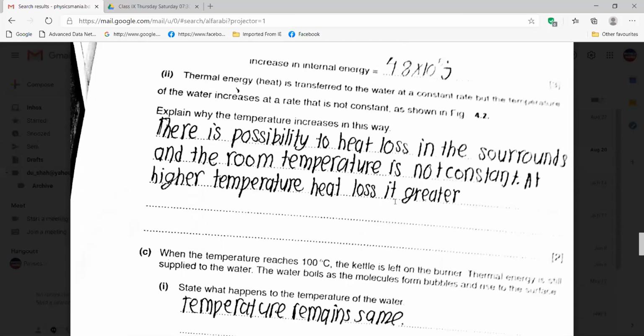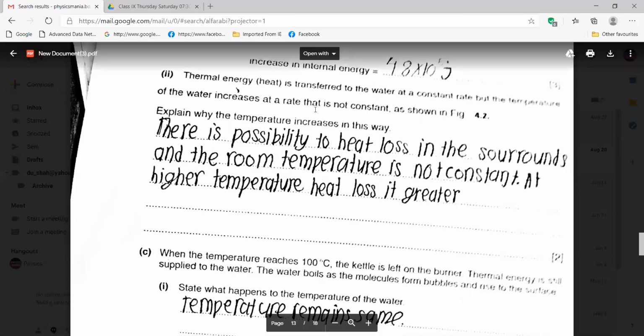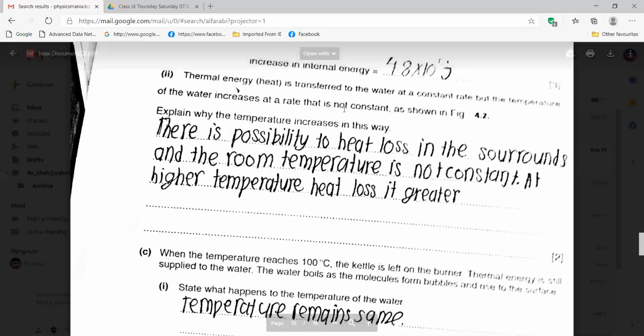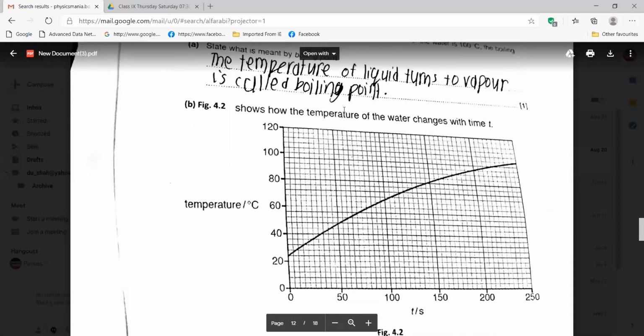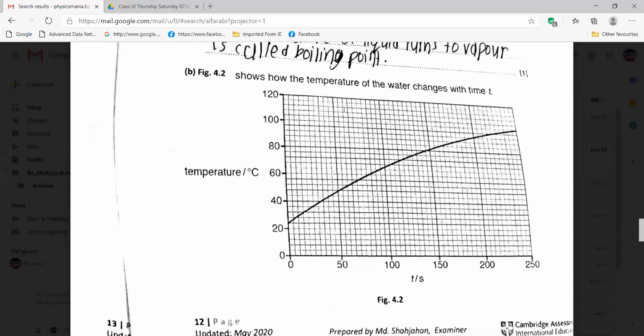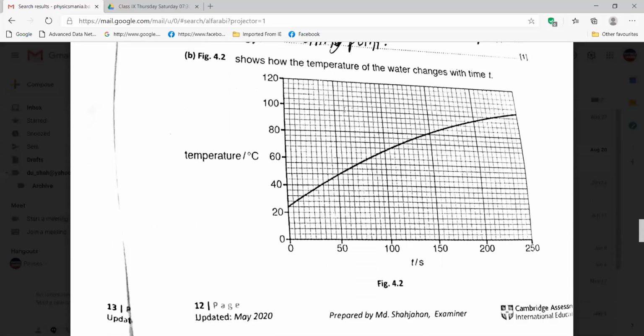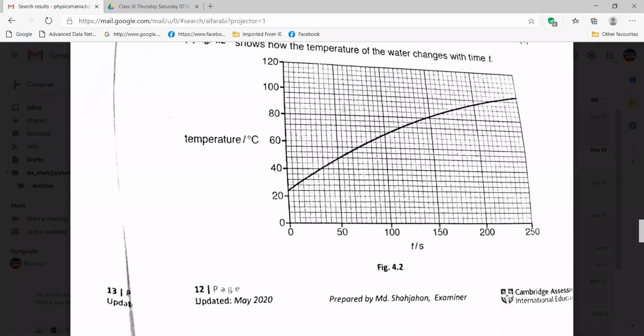Why, you see, the temperature increase rate is not constant. If the graph is a straight line, then we understand the rate of the temperature increase with time is constant, but it's not giving you a straight line.